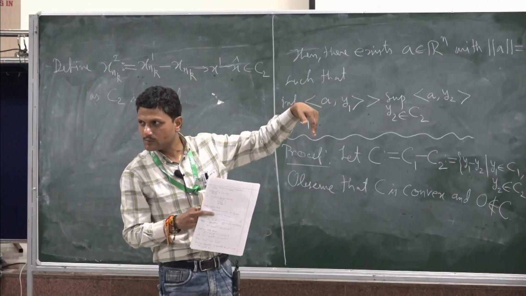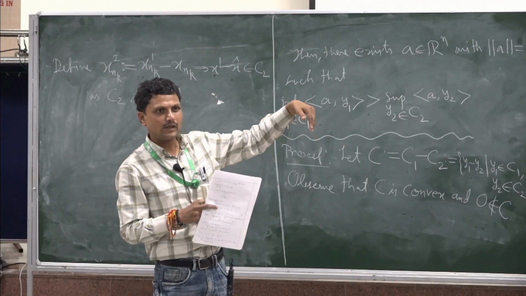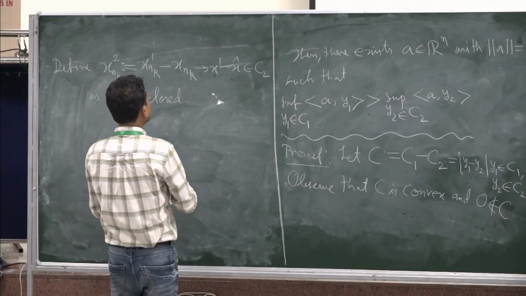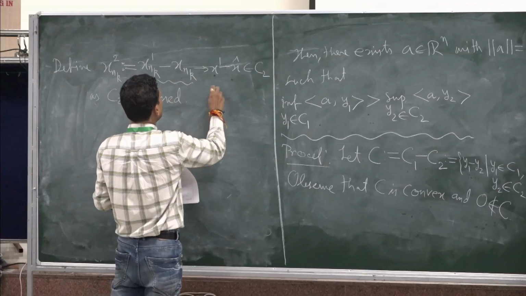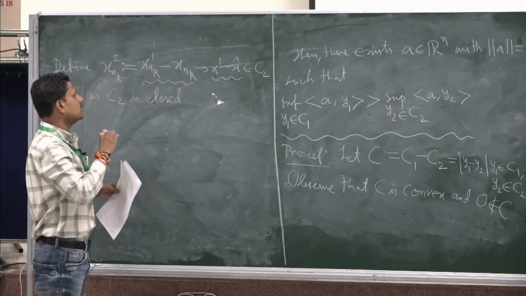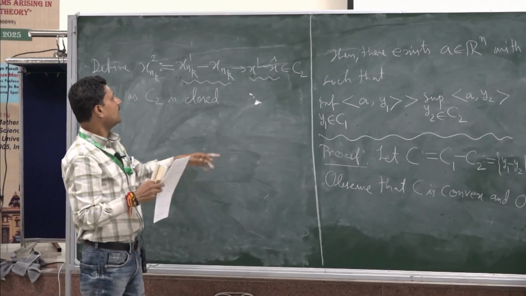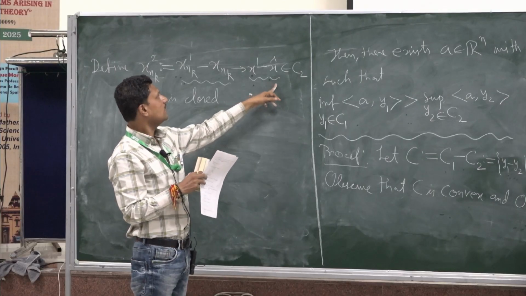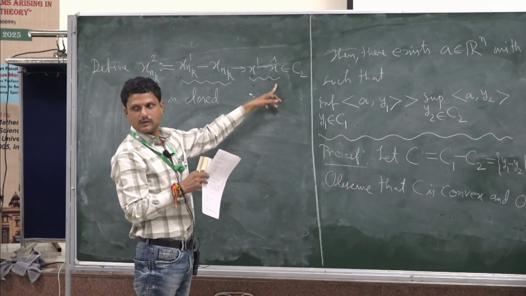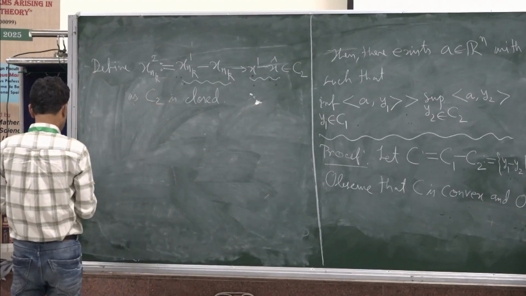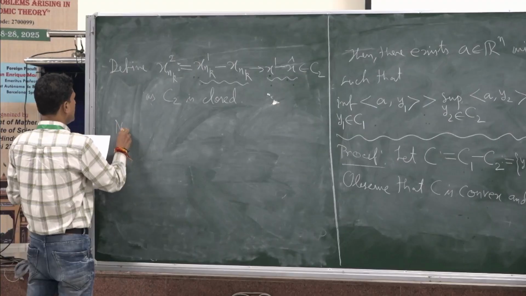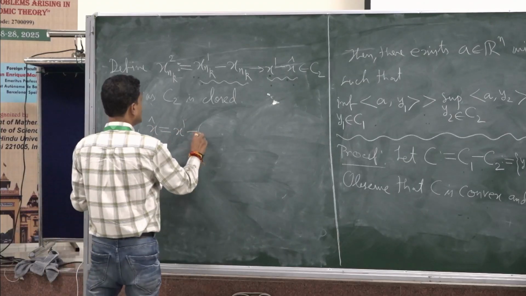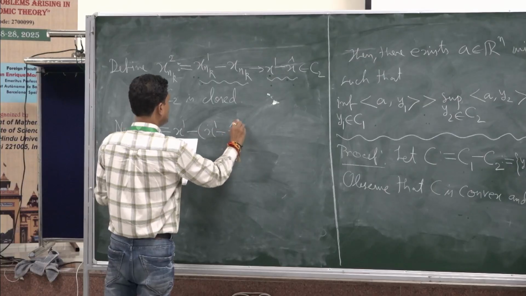So the subsequence xnk will also converge to the same limit. We will see now why this is in C: we can write x hat as x1 minus (x1 minus x hat), right?